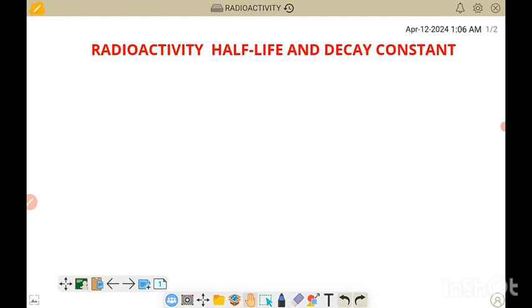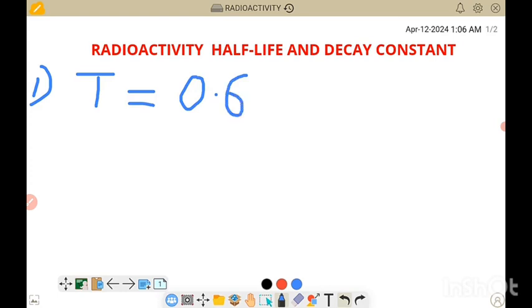To start with, let's look at this very first one, and that is the relationship between half-life and decay constant. Half-life and decay constant are related with this equation.